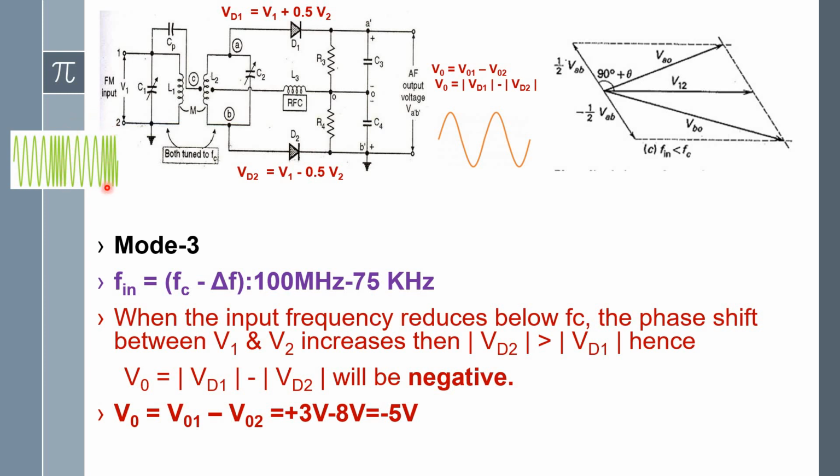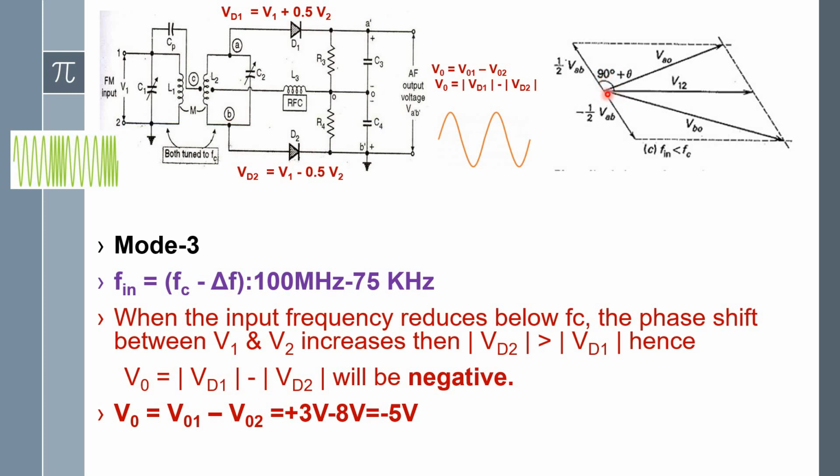So when you are applying this low frequency signal to the frequency demodulator, when the input frequency is reduced below Fc, the phase shift between V1 and V2, that means primary and secondary voltage, increases. Then you can see here V12 representing primary voltage and 1 by 2 VBA representing secondary voltage. The phase difference is greater than 90 degree.